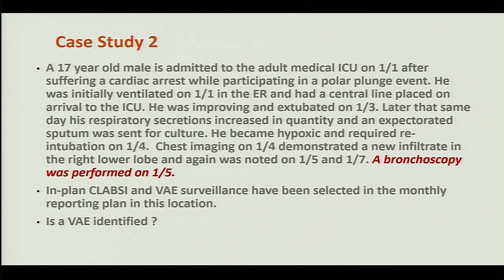His chest imaging on 1/4 demonstrated a new infiltrate in the right lower lobe. And again, that was found on 1/5 and 1/7 on imaging. A bronchoscopy was performed on 1/5. In-plan CLABSI and VAE surveillance had been selected in this location in their monthly reporting plan.